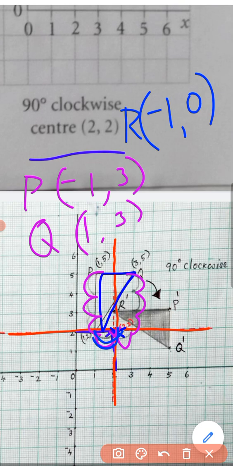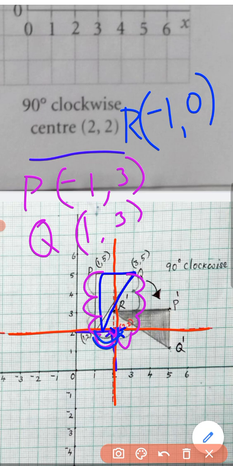Now what is the next step? We have to apply the rule. What is the rule? To rotate 90 degree clockwise, x, y becomes y, negative x.